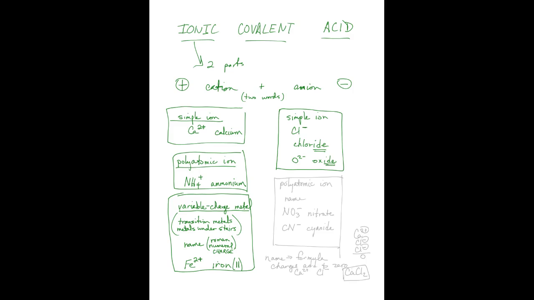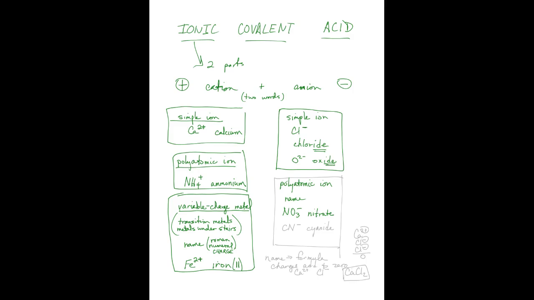Then we might have a polyatomic ion. Most polyatomic ions are anions, not cations. So we might have a polyatomic ion, and then again we just write the name. So if it is NO3-, we look that up in the table if we haven't got it memorized yet, which you're going to have it memorized, right?